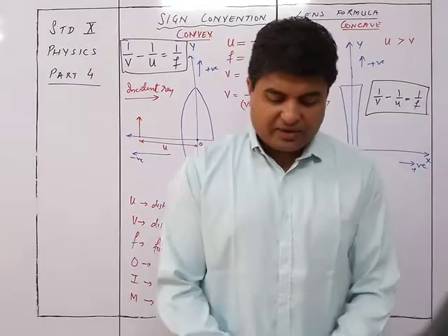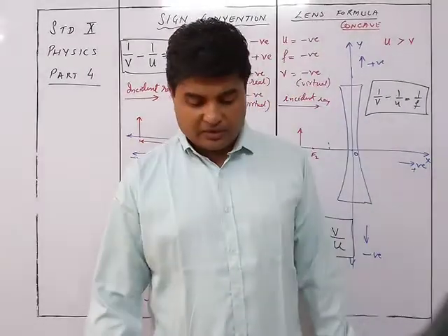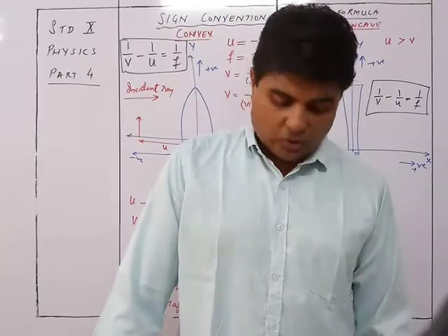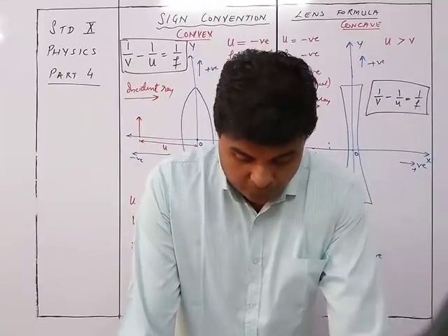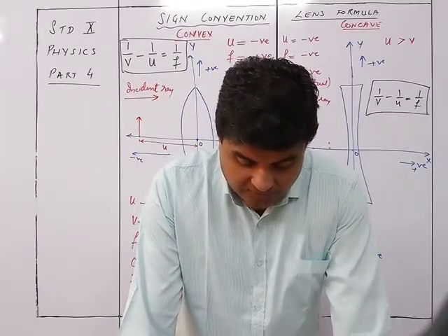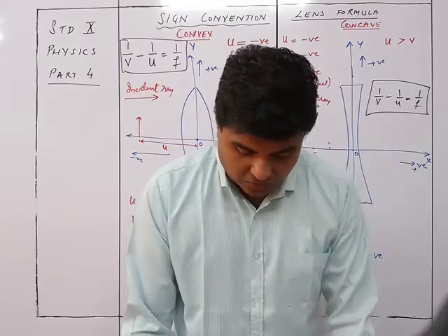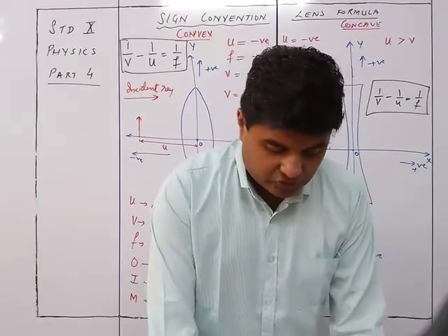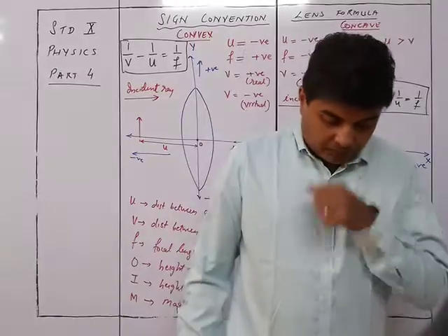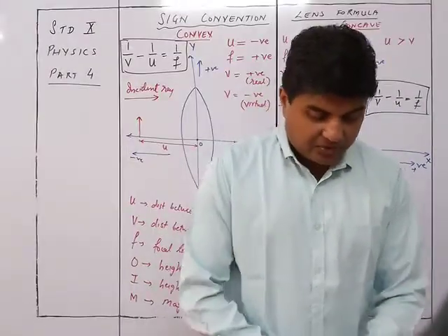Though this is also equal to V upon U. Okay, so this is another important formula: the magnification, small m, is equal to I upon O or is equal to V upon U. This V upon U also gives you the same ratio of magnification as I upon O. So linear magnification m is equal to length of the image I upon length of the object O is equal to V upon U. Derivation is not required again, so you can skip the derivation of this part also. That's why we are not taking the derivation of any of these things.